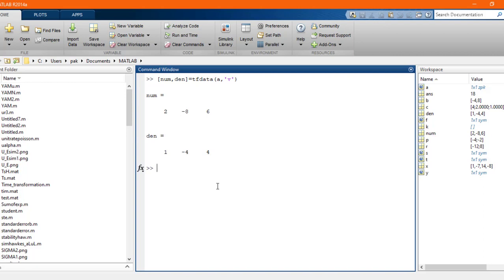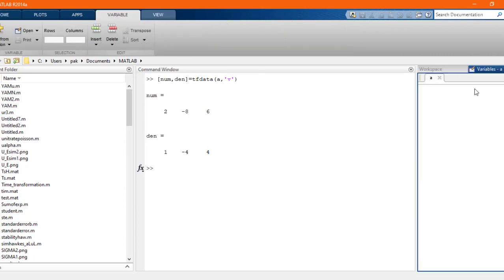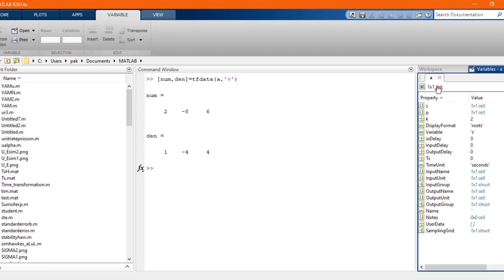out from the transfer function A that we had created, and we can click on A over here to get the value of A. We can also mention A over here. I guess my system is taking some time to proceed.